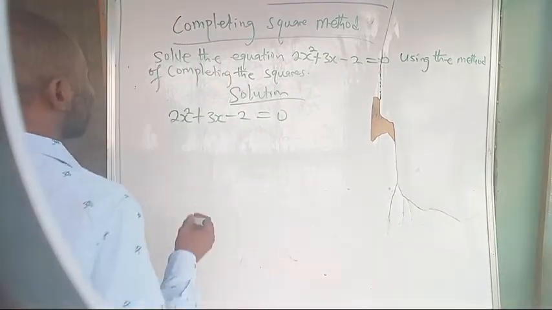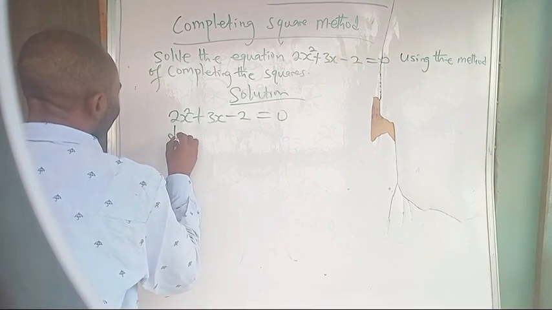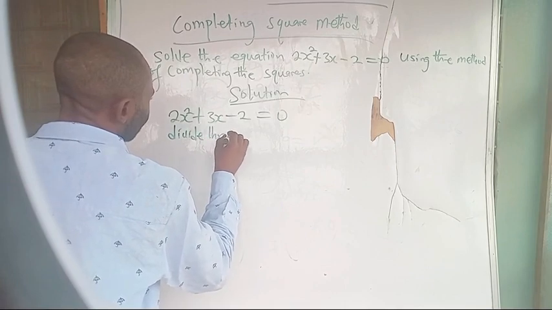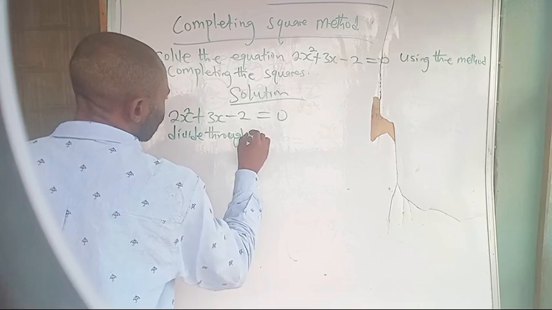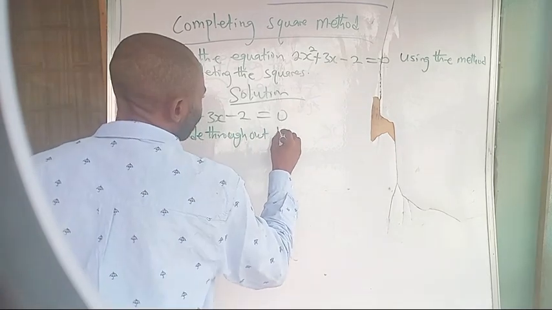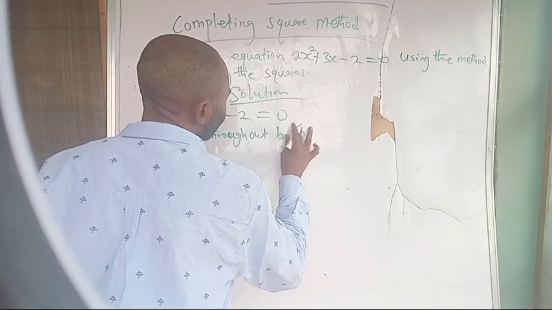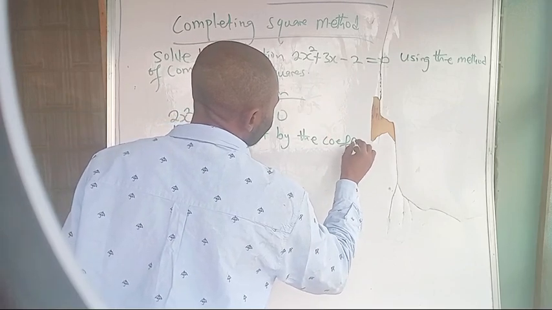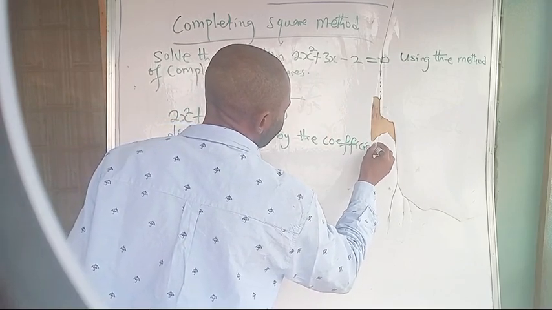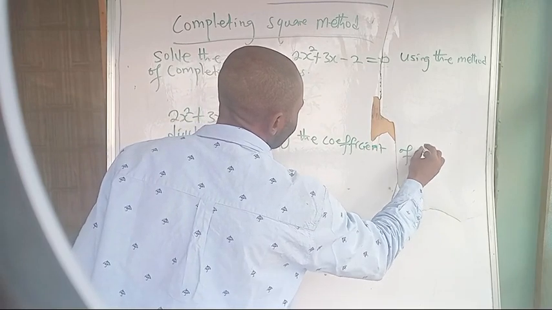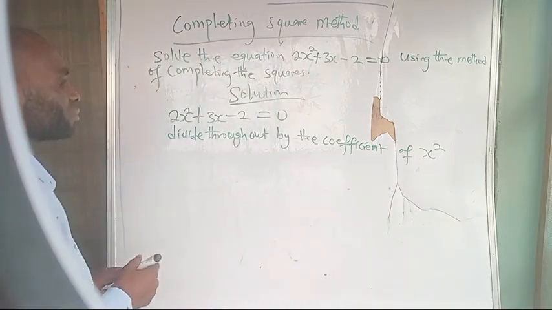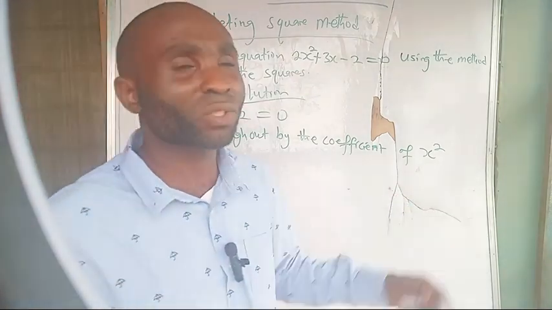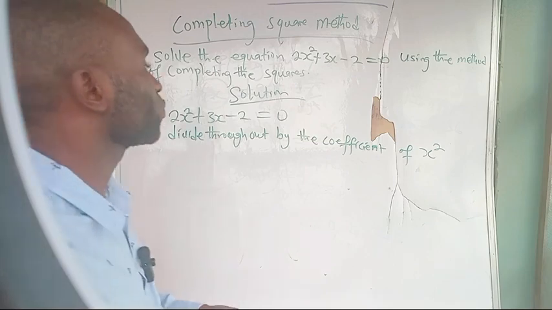So we divide throughout by the coefficient of x squared. The coefficient of x squared is 2.